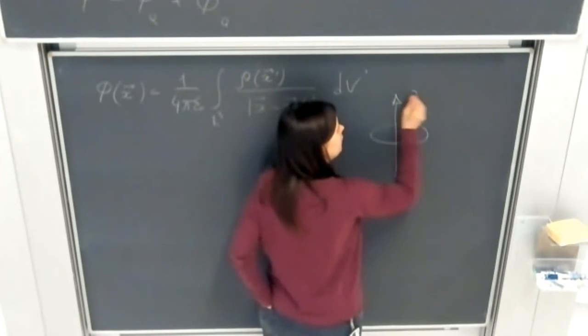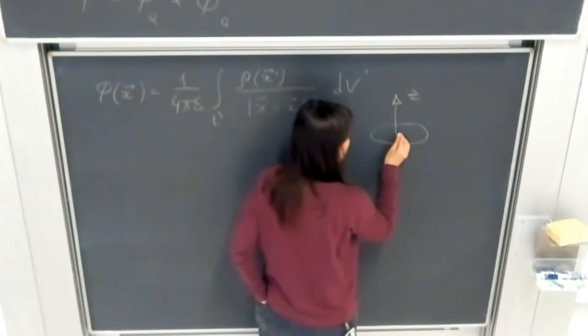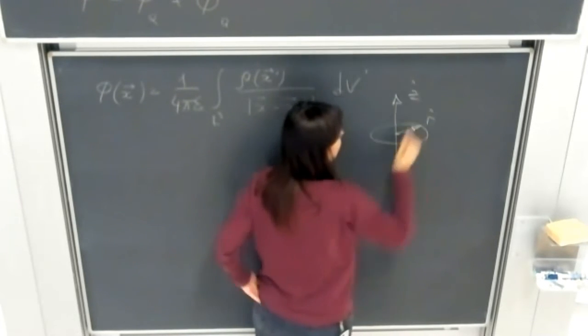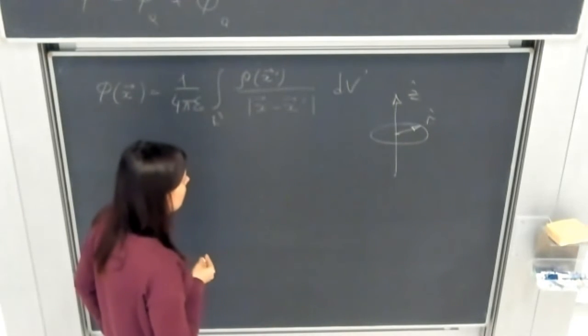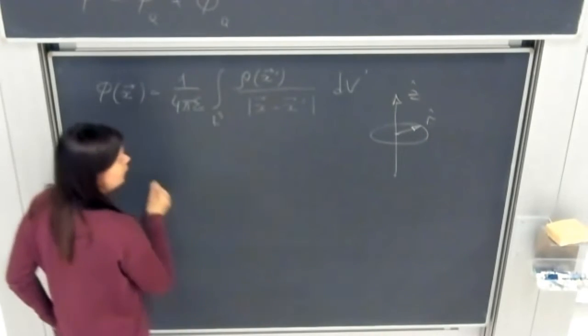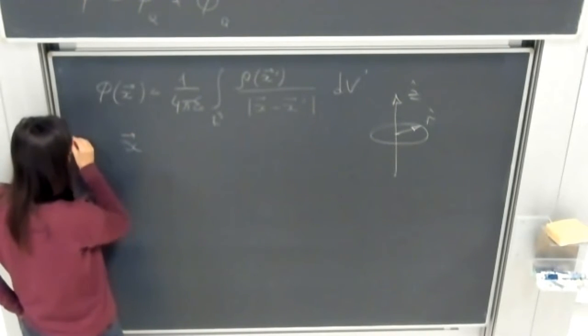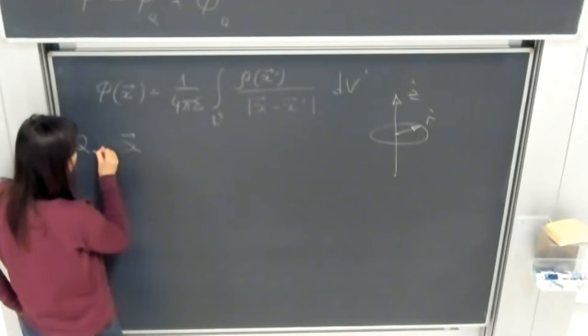So let's say it's a z-axis up, and then the radius is in the radial direction, so we can describe x and x prime for the charge q positive.